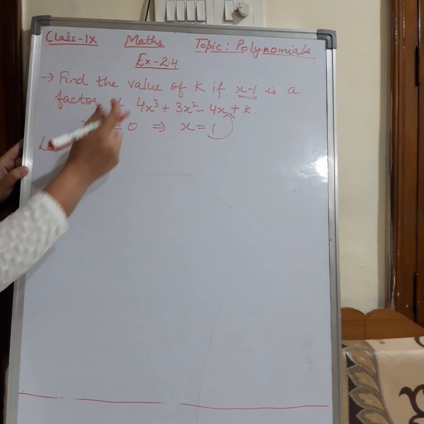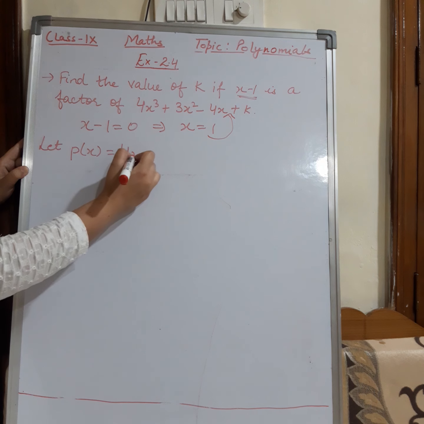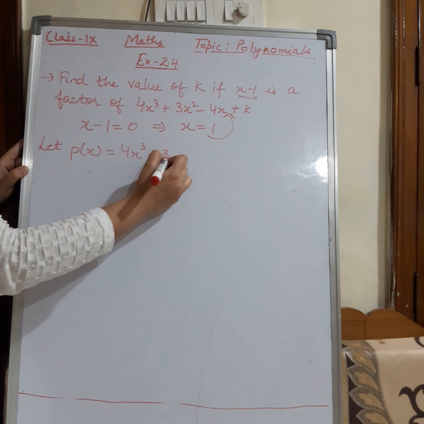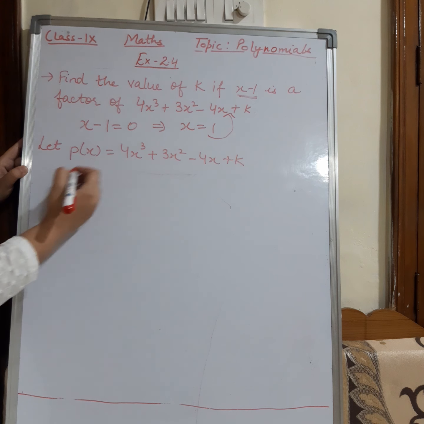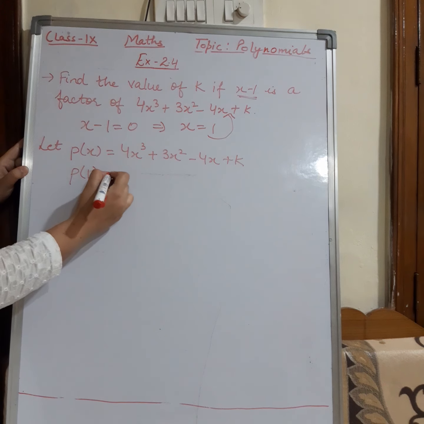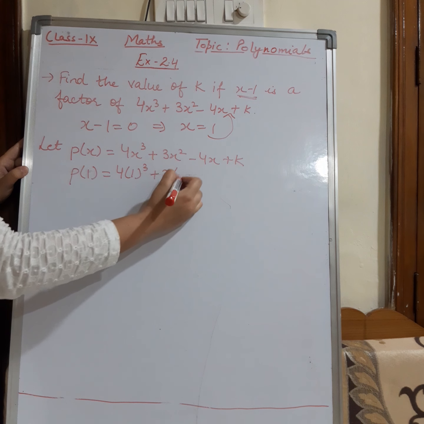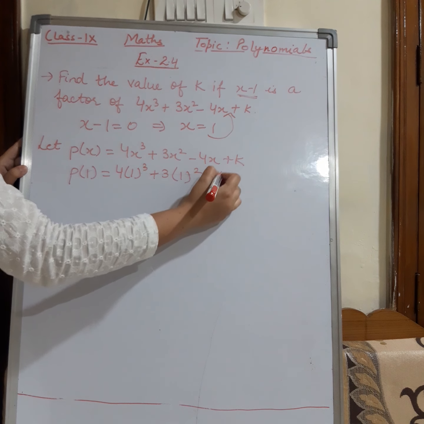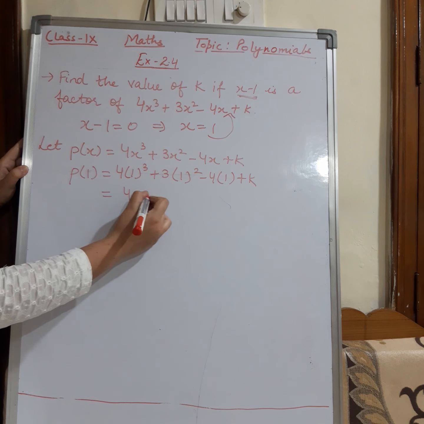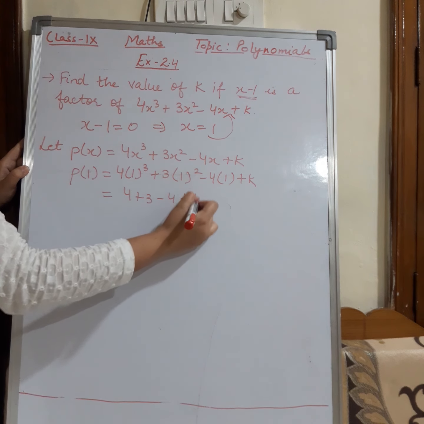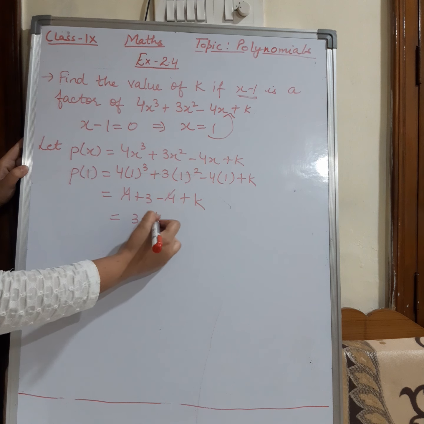This value we have to put in this. Suppose this was our p(x), and we have to find p of 1. That means 4 into 1 cube plus 3 into 1 square minus 4 into 1 plus k. 4 plus 3 minus 4 plus k. 4 and 4 get cancelled. 3 plus k.